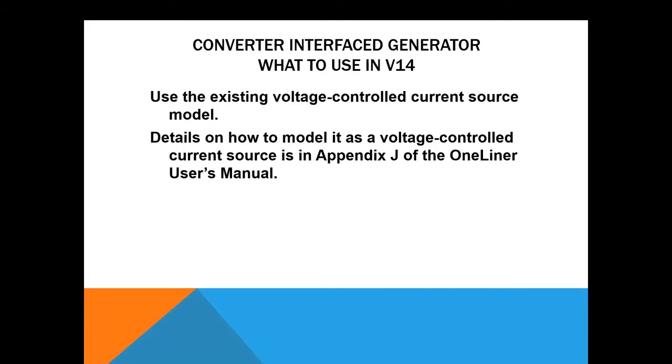For now, I suggest you use the voltage-controlled current source, and information on that is in Appendix J of the OneLiner user's manual. It's also in your online help. If you're running OneLiner, press the F1 key on your keyboard, and the online help will come up. And Appendix J is in Juliet. We will have a description on how to use it.